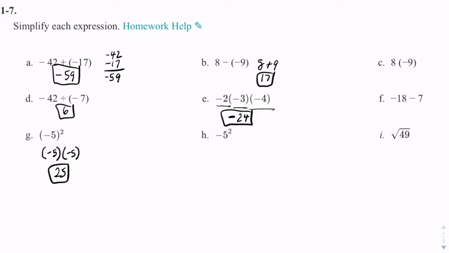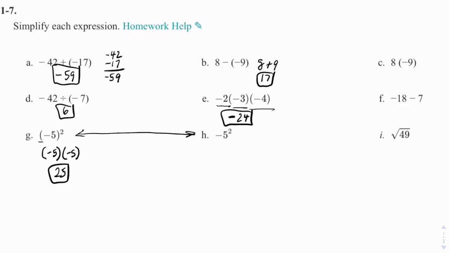Okay. For H, I have negative 5 squared. Now this is different. Look at these two questions. This is completely different because now I have order of operations. Order of operations tells me that I do my exponents before I do my addition, subtraction, multiplication, and division, right? So the exponent comes first. So what is getting raised to the second power?